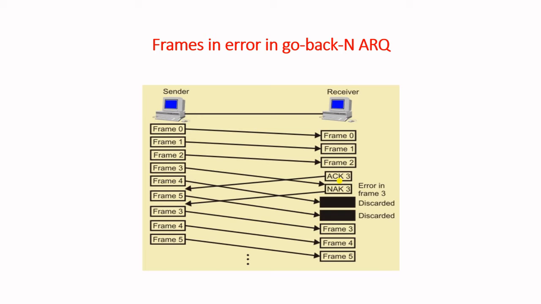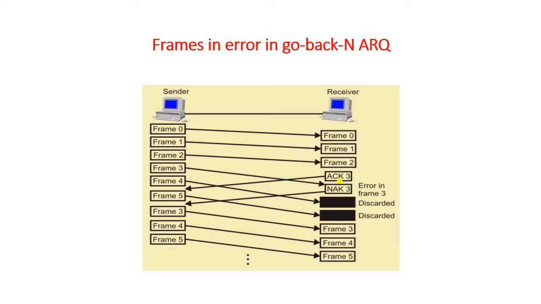The sender sends frame 0, receiver receives it. Sender sends frame 1, receiver receives frame 1. Sender sends frame 2, receiver receives frame 2. Frame 3 is received, but there was an error in frame 3 when it was received by the receiver.